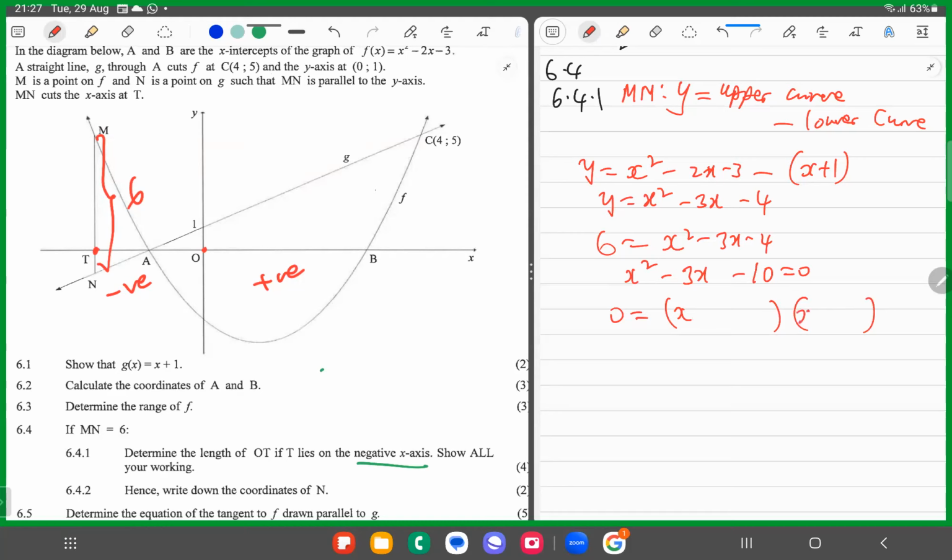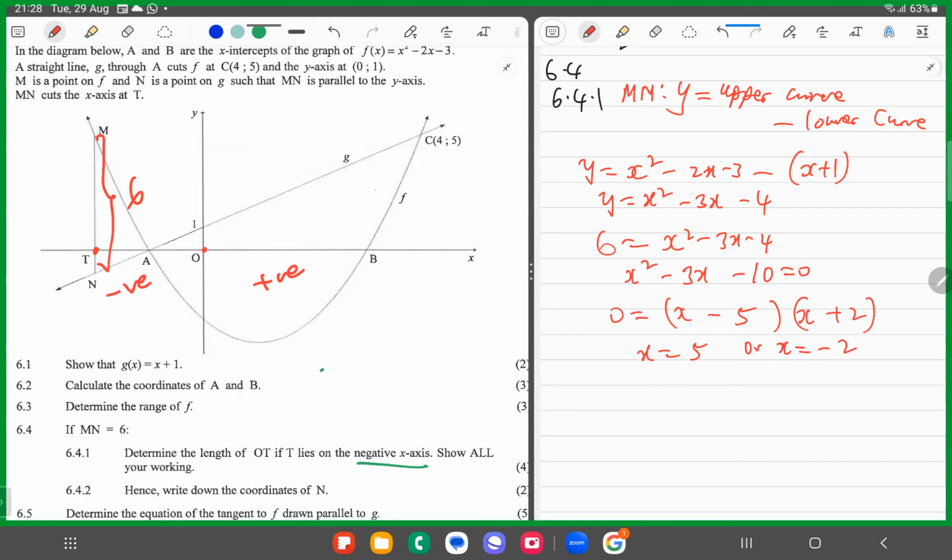And then here you have x and x, and then you have minus 5 plus 2. Which means x is 5 or x is minus 2.